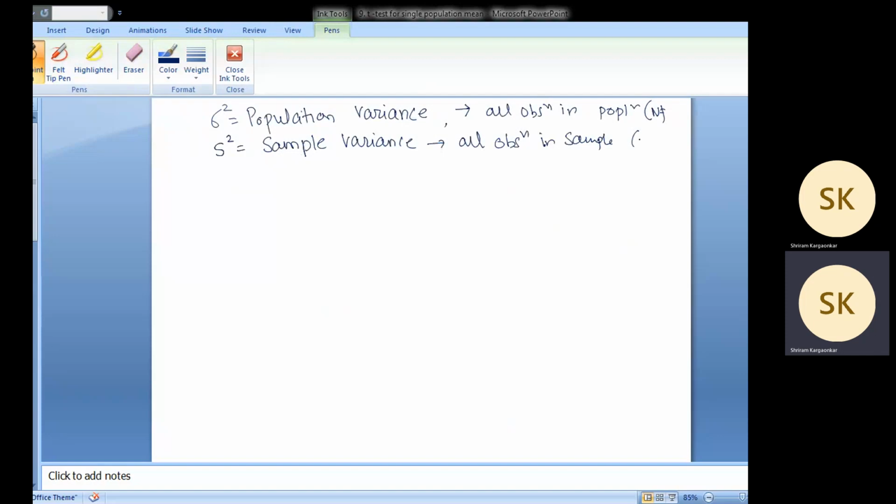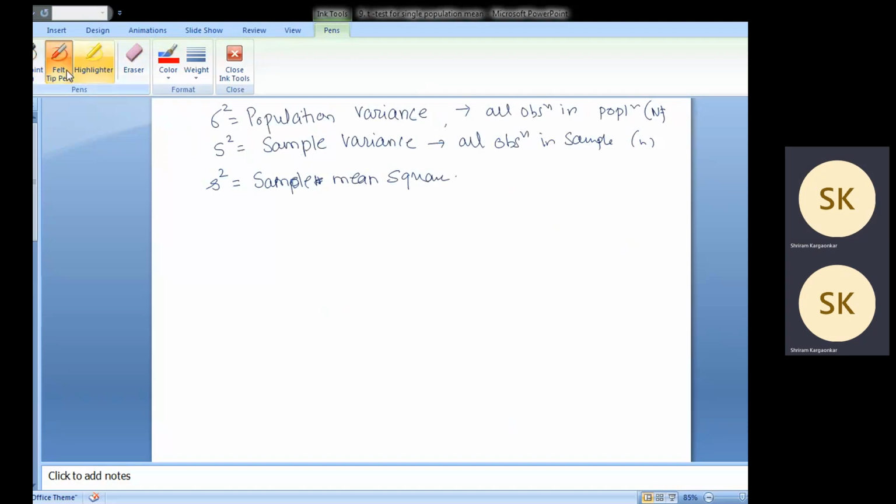And what is small s square? Please differentiate between these. This is capital S square, this is small s square. Small s square is called the sample mean square.